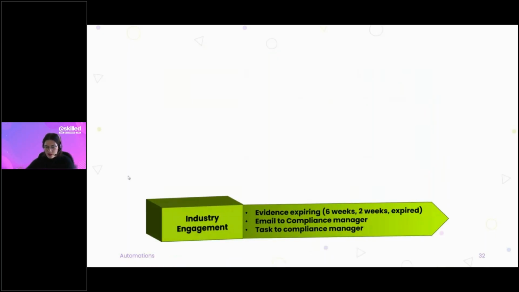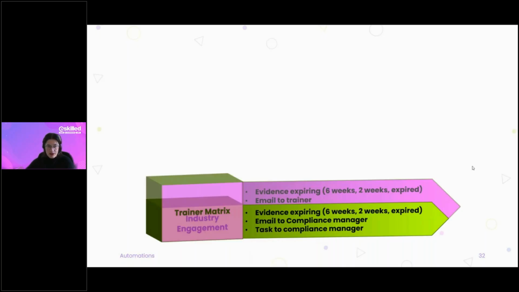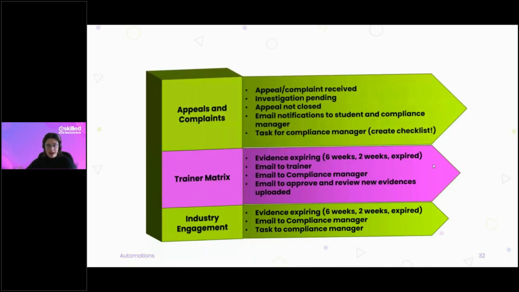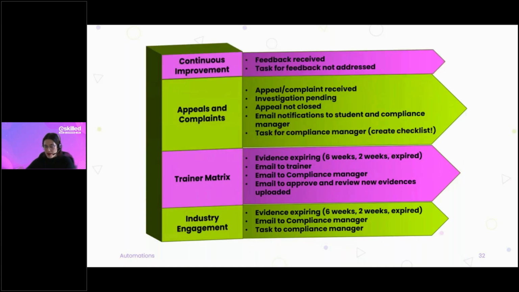There'll be automations for everything and anything compliance related. So industry engagement, trainer matrix, appeals, complaints, continuous improvement. There'll be notifications when things are up for review, tasks with a step-by-step checklist for investigating a complaint. Anything that you want, you could build that in and activate that.